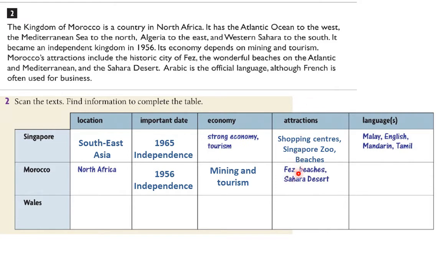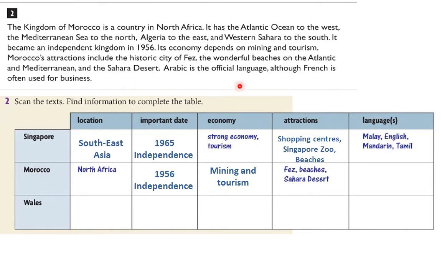Regarding the attractions, it is mentioned here, Morocco's attractions include the historic city of Fez, the wonderful beaches on the Atlantic, there are beaches, and Atlantic, محيط الأطلسي, and Mediterranean, بحر المتوسط, and the Sahara Desert, الصحراء.